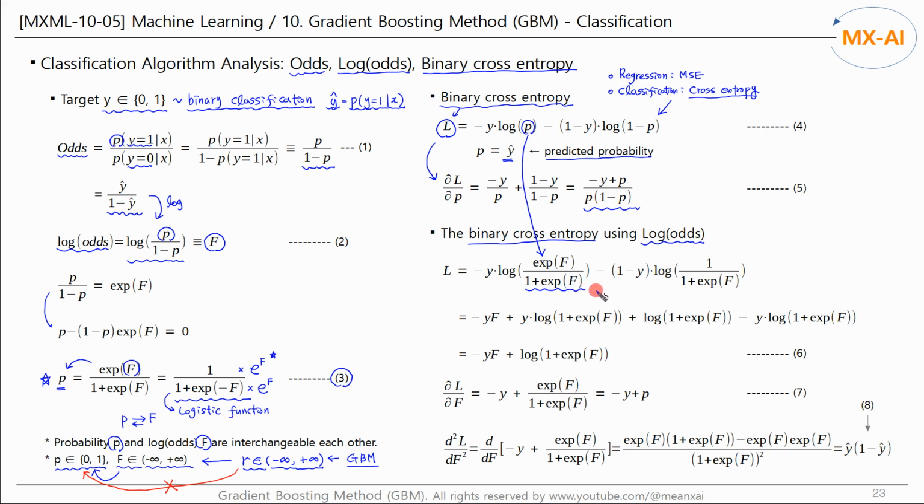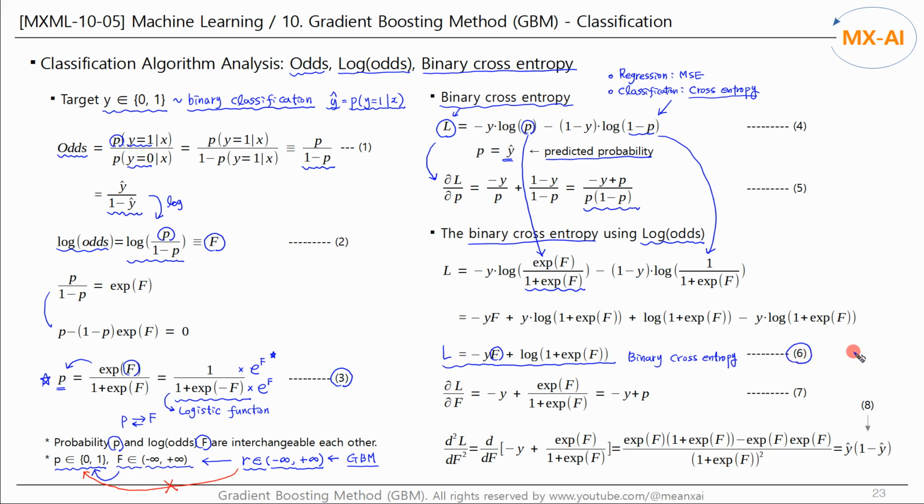And replace 1 minus p with this formula. Summarizing this equation, we get the following loss function L. This is the binary cross-entropy formula expressed as logodds f. This formula will be used as the loss function L when analyzing the algorithm on the next page.